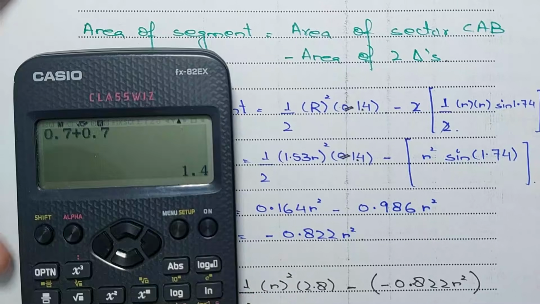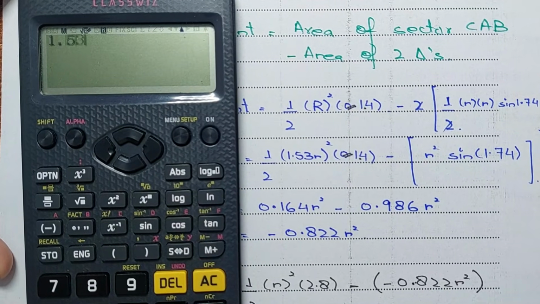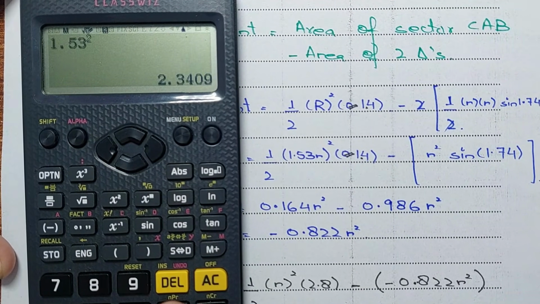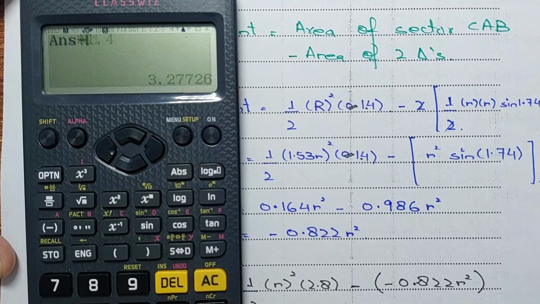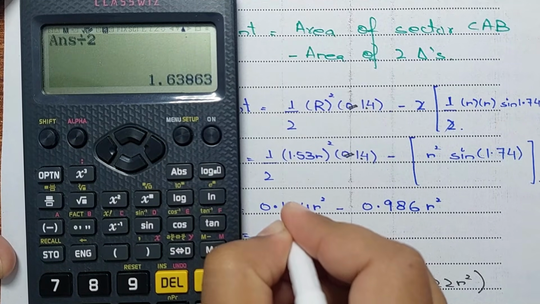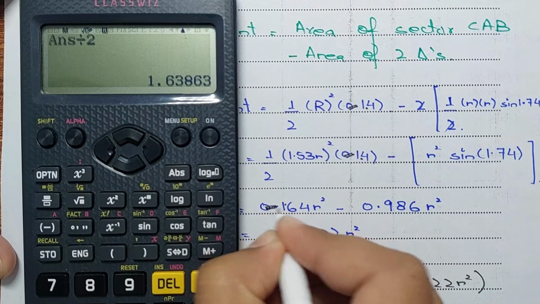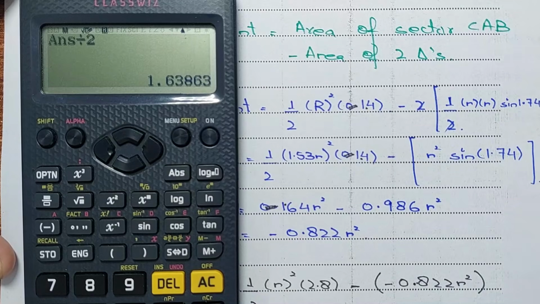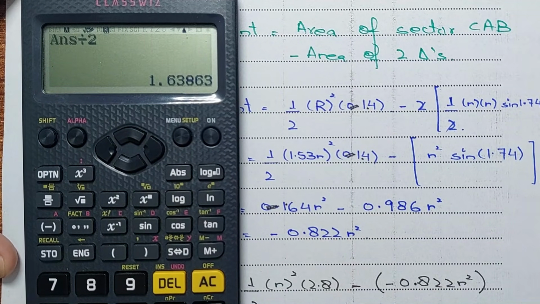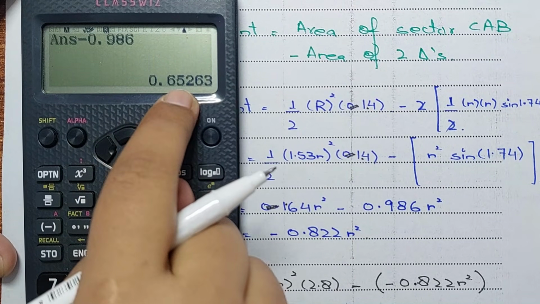1.4. So if I simplify this, 1.53 square times 1.4 and divided by 2, this is 1.64, right? And 1.64 subtract with 0.986, this becomes 0.653.